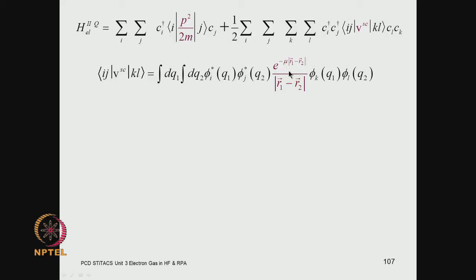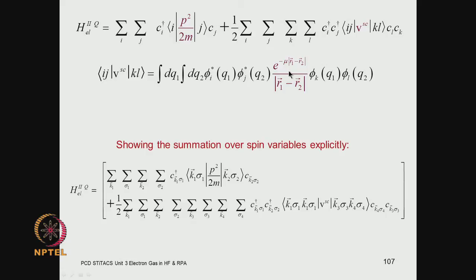Now, let us analyze these terms further. Here each i and j is a set of 4 quantum numbers that includes summation over spin and summation over the remaining 3 quantum numbers, which are the wave vectors. Okay, this is the free electron gas, right.